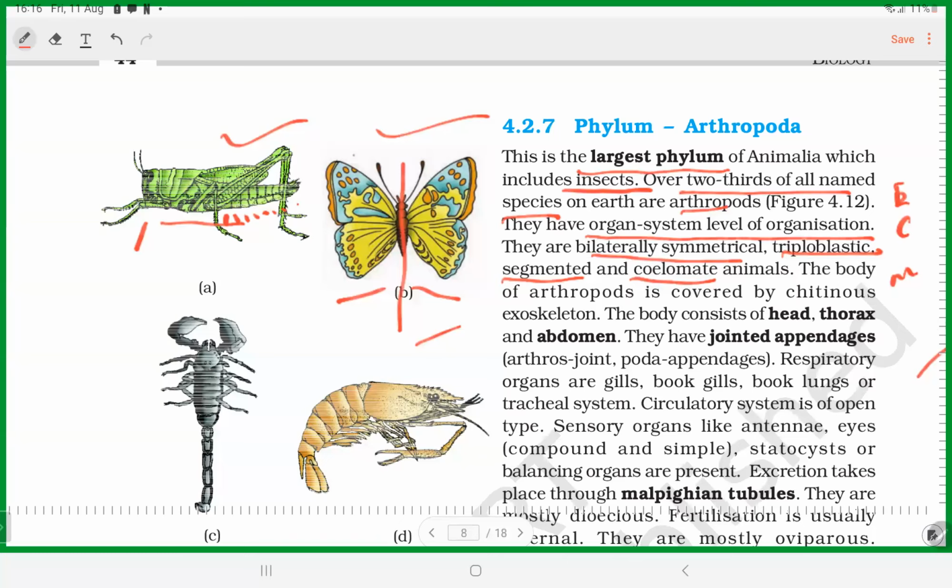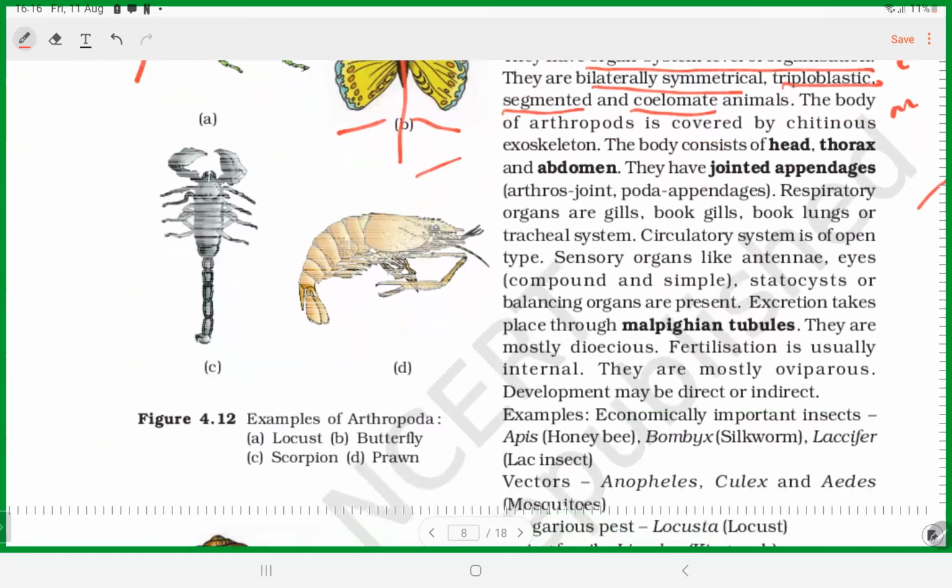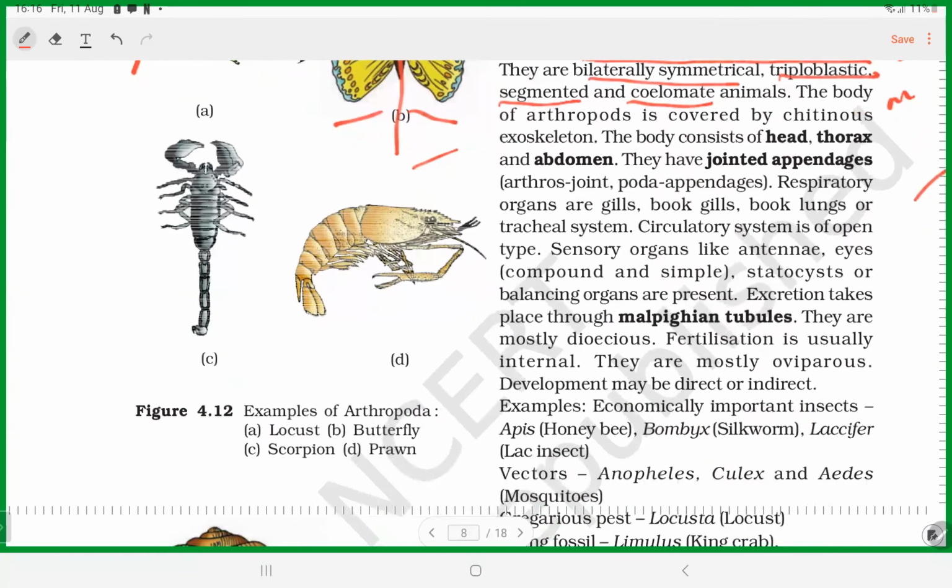Now look at the body organization. They have an exoskeleton. Humans like us have an endoskeleton, because our skeletal system is inside. But here they have an exoskeletal system, the hard cover, which is made up of chitin.